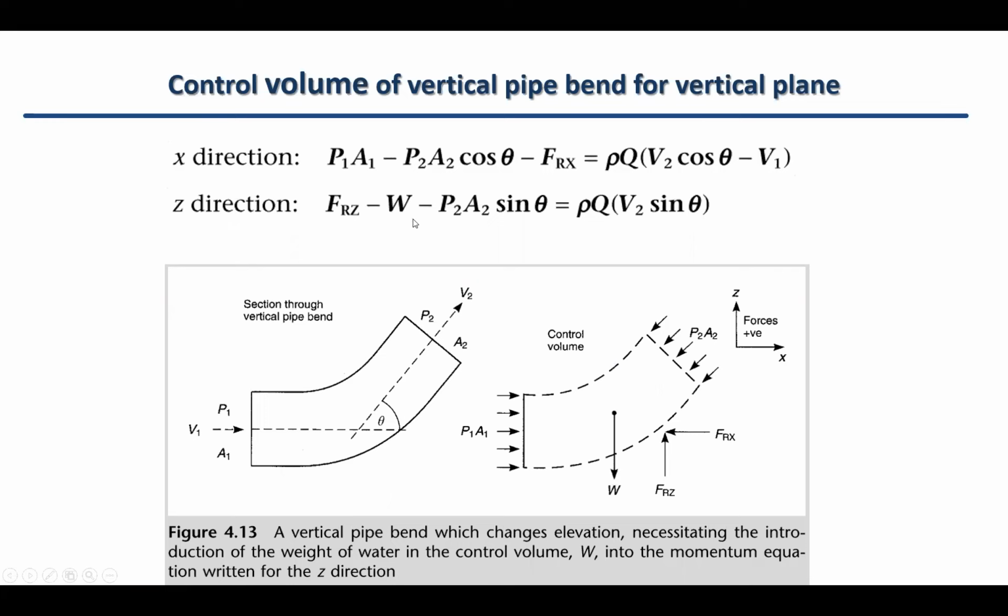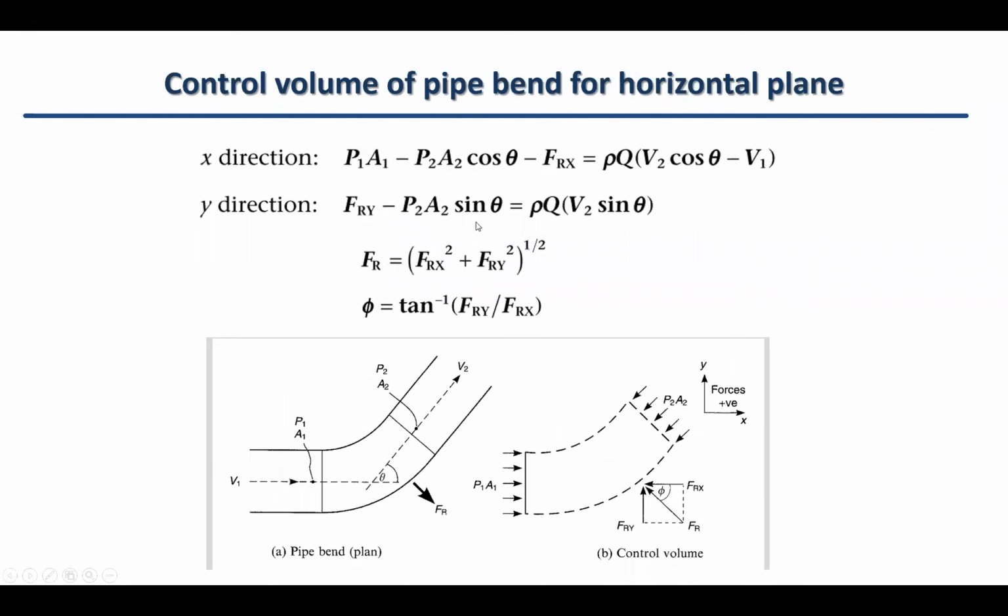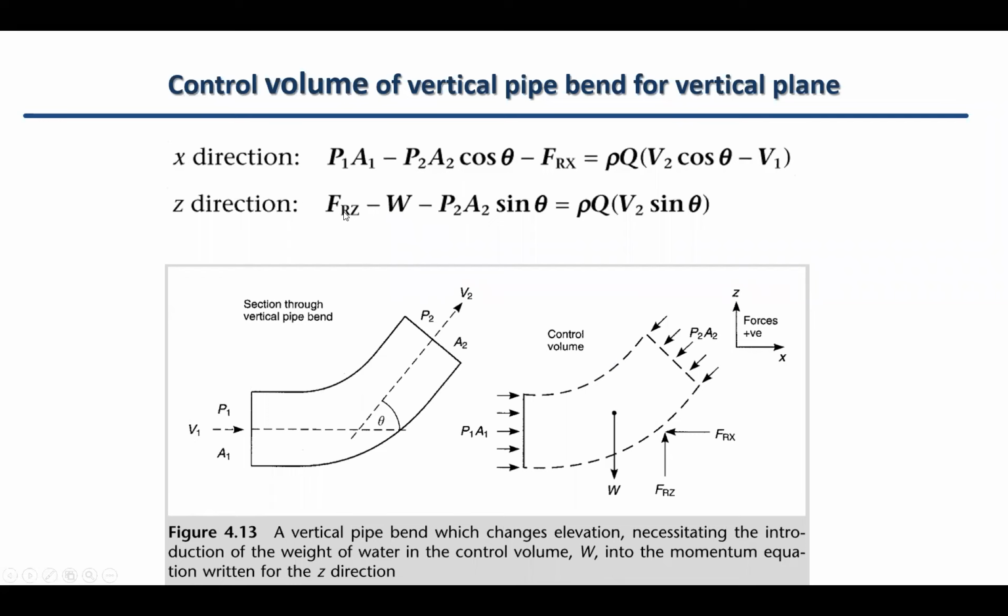So FRZ is a positive one, minus W, because W is negative downward, minus P2A2 times sine theta in the z direction. That's all the difference that we have.